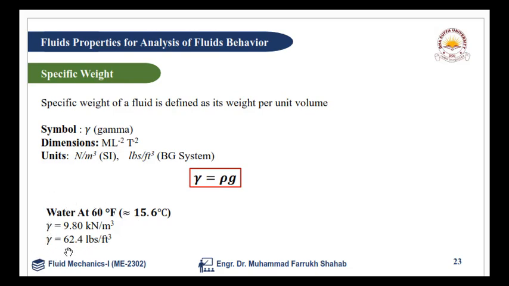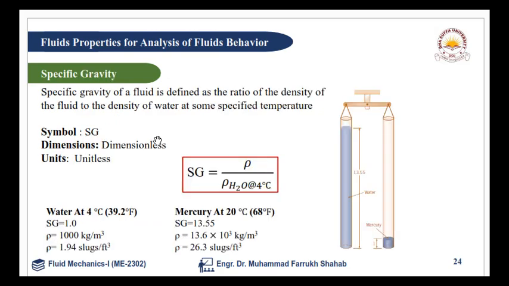For example, in the case of British units, this is 62.4 pounds per feet cube, and in case of SI units this is 9.8 kilonewton, or 9.8 times 10^3 Newton per meter cube. This is another very important fluid property which we will be using in our later classes.